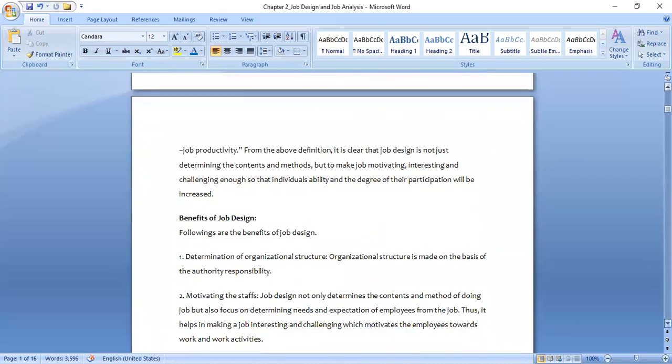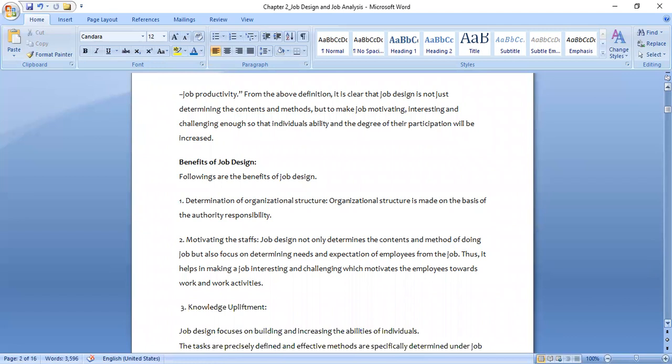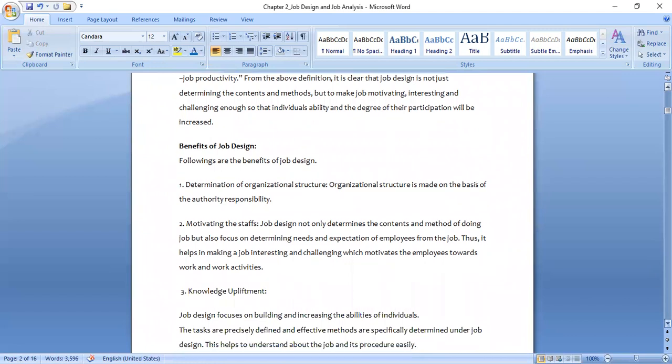So what are the benefits of job design? Number one is that it helps in the determination of organizational structure. An organization has a hierarchy of different positions, from the highest to the lowest.